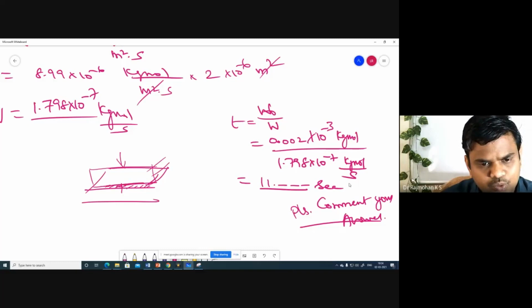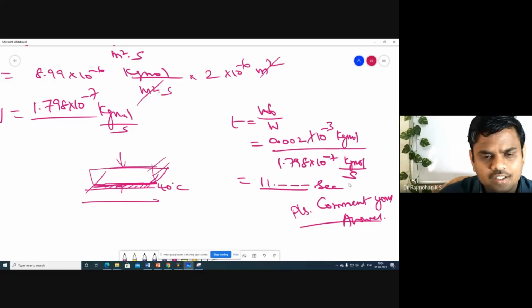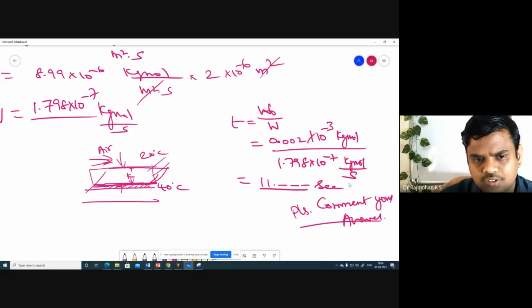The vapor is pure A, that is the solvent, and that end is being heated to 40 degrees Celsius. At the other end it is 20 degrees Celsius and the air is flowing, so the concentration is 0 on that side. We have concentration CAS on this side, so driving force is there and mass transfer takes place. We want to find the resistance, whose inverse is the mass transfer coefficient.